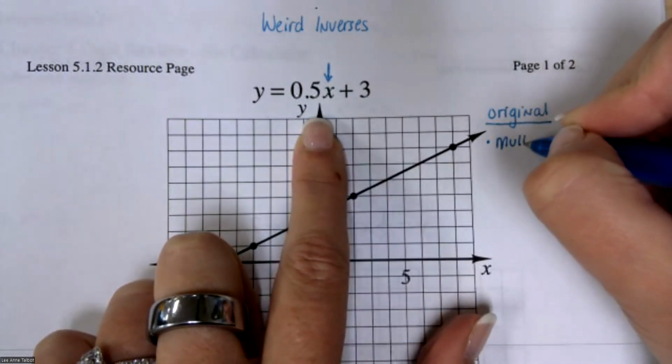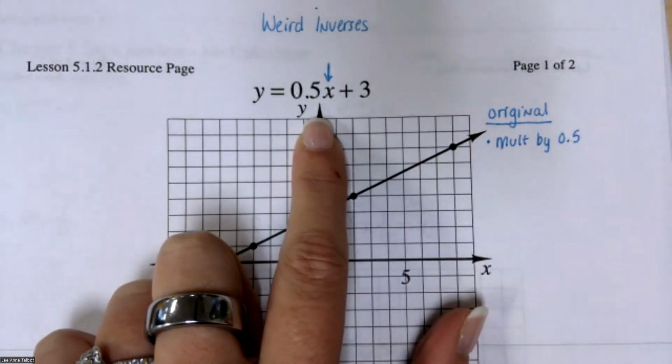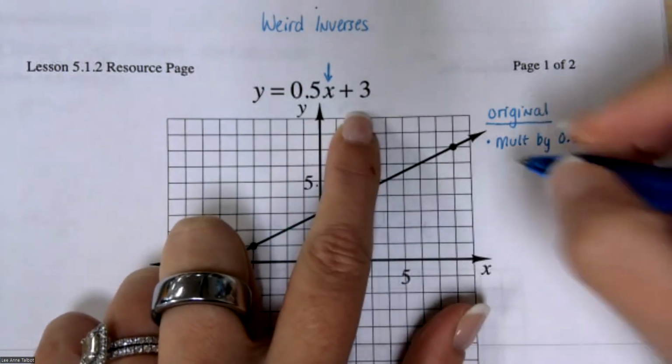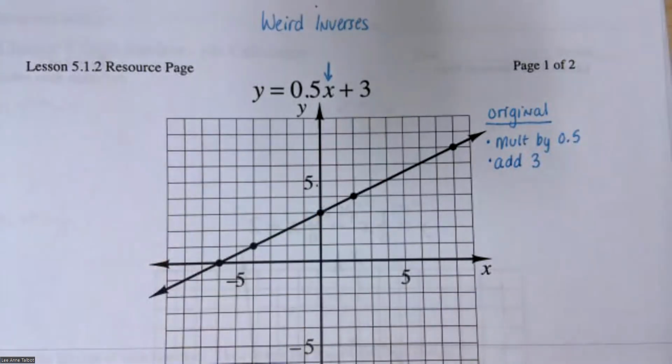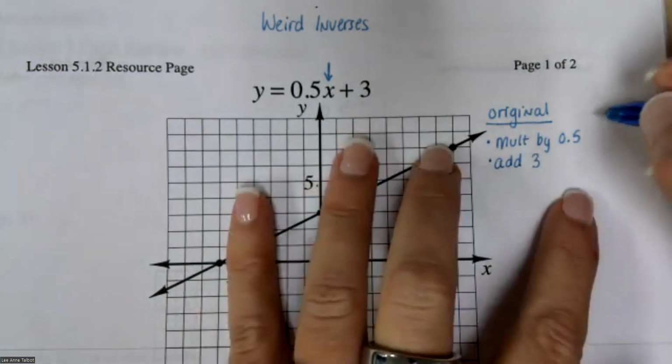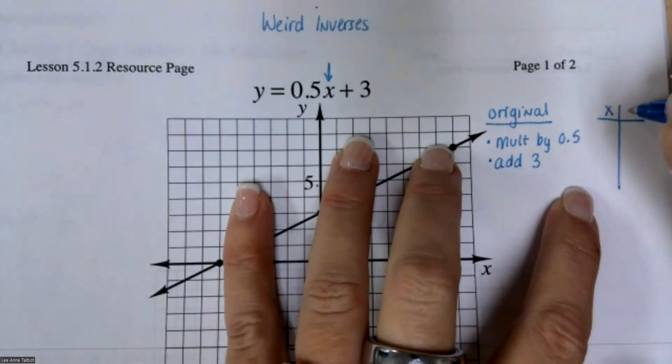Yep, multiply by 0.5, beautiful. And then I would add 3. Okay, you guys are like, yeah, so what makes this weird, Mrs. Talbot? I don't understand.